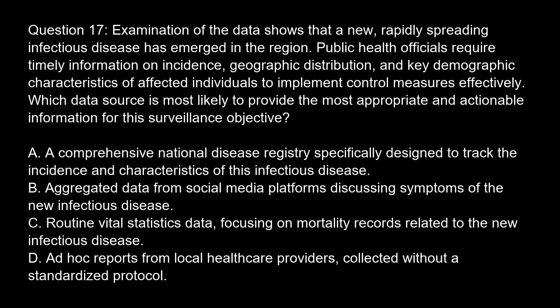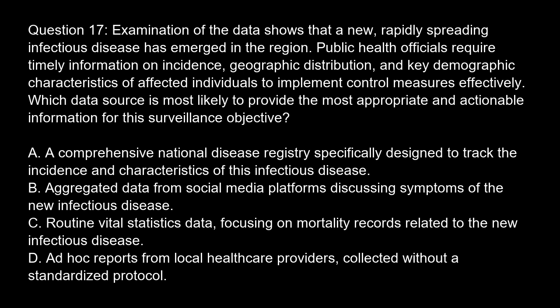Question 17. Examination of the data shows that a new, rapidly spreading infectious disease has emerged in the region. Public health officials require timely information on incidence, geographic distribution, and key demographic characteristics of affected individuals to implement control measures effectively. Which data source is most likely to provide the most appropriate and actionable information for this surveillance objective?